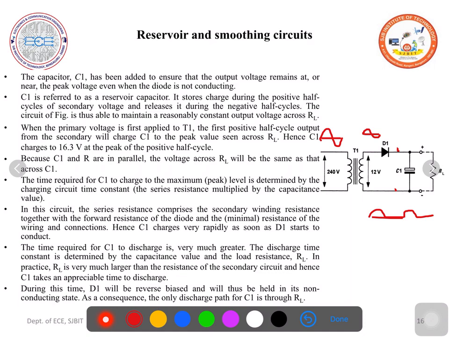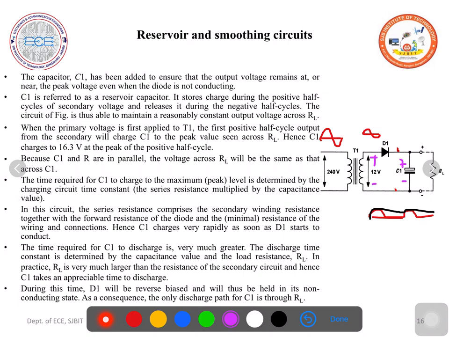We want to smooth this, so let us use a capacitor C1 as a reservoir capacitor which will smooth this like this. Capacitor stores the charges whenever the diode is forward biased. In the positive half cycle, this terminal is positive, this terminal is negative, the diode is forward biased, so the capacitor gets charged in these polarities.